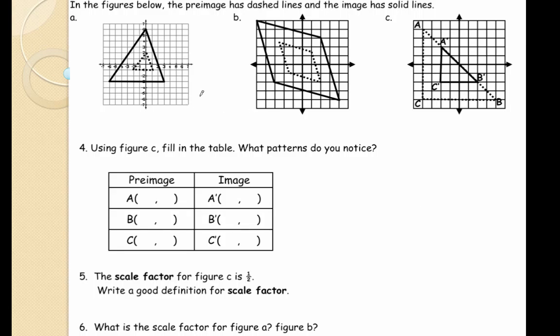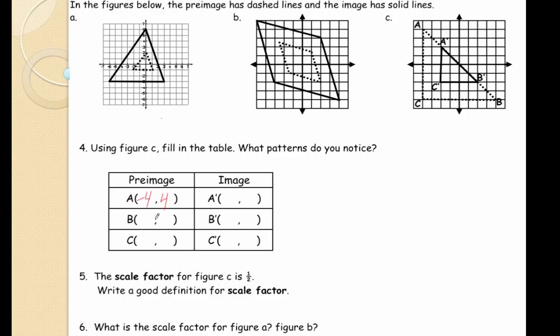Okay, I've recopied these figures so that we can refer back to them. Using figure C, A in the pre-image, which remember was dashed, is negative 4, 4.